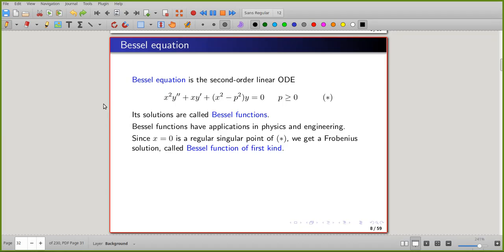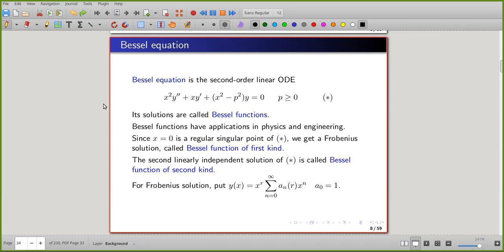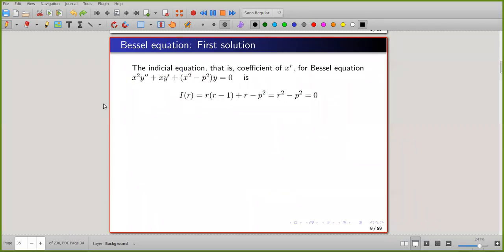So we are following the standard template that we saw earlier. How do we get the Frobenius solution? We put y of x equal to x to the power r times the sum of a n of r, x to the n. Basically we first find the indicial equation.